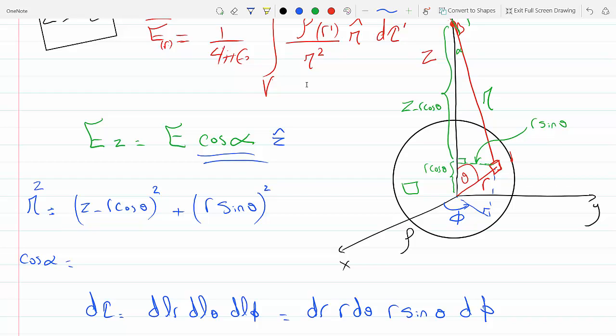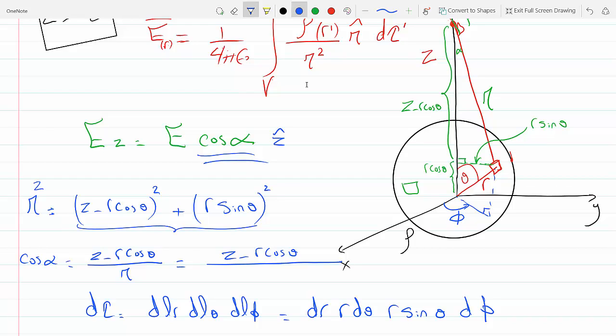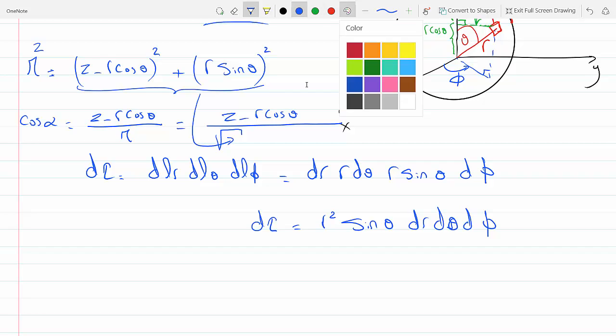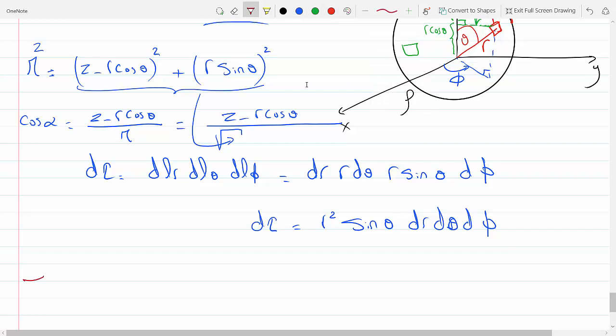So cosine alpha, from the right triangle, is z minus r cosine theta over the separation vector. But I've already determined what the separation vector is, so I could just take this here, square root it, and put it here. And now everything goes in the integral. I'm not saying that it's going to be an easy integral, but nonetheless, that's how you could set it up.